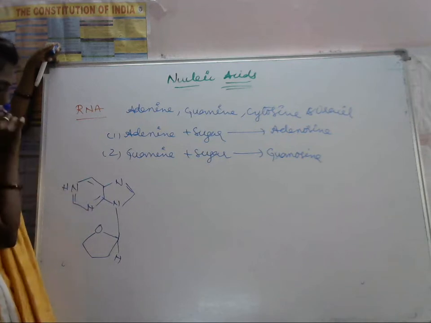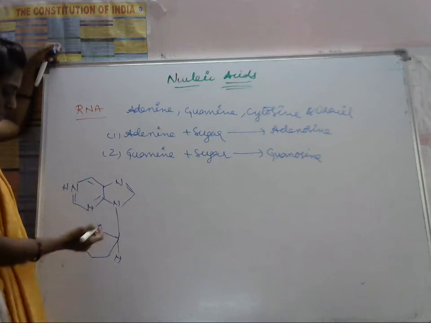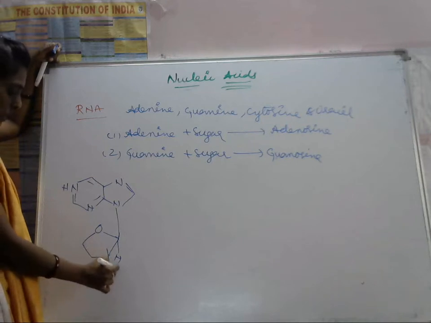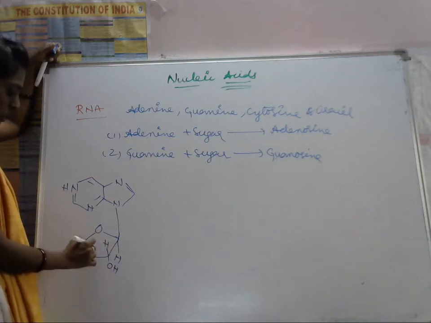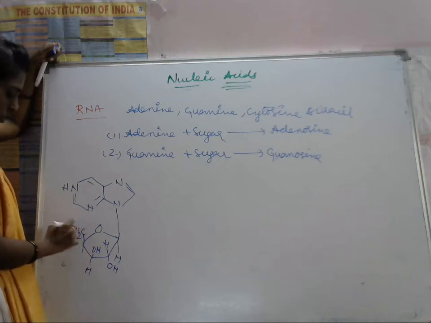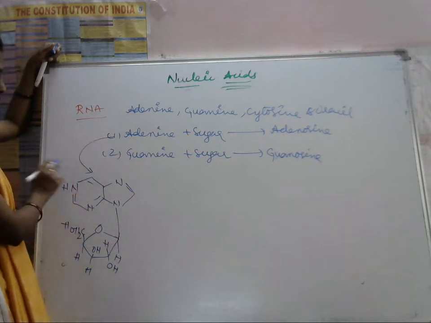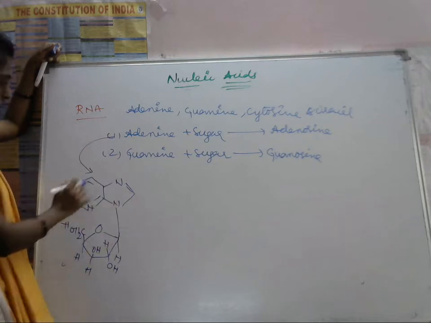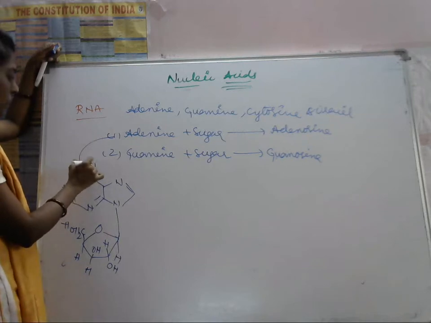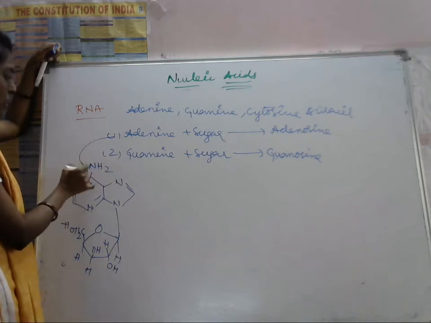So what will happen here? Here we will have hydrogen, oxygen, CH2, OH. Okay, so this is the adenine. Here adenine has an NH2 group.